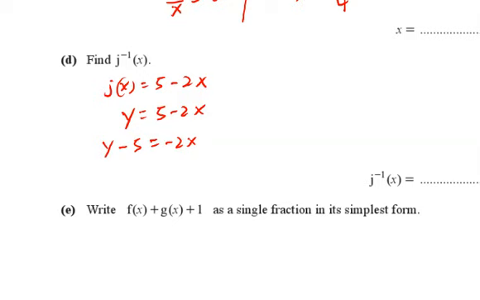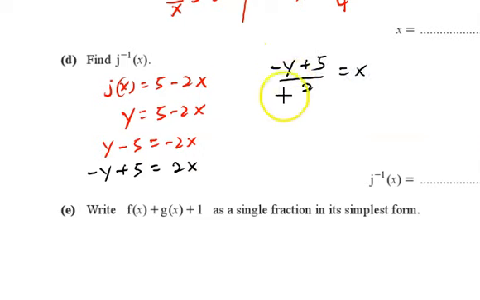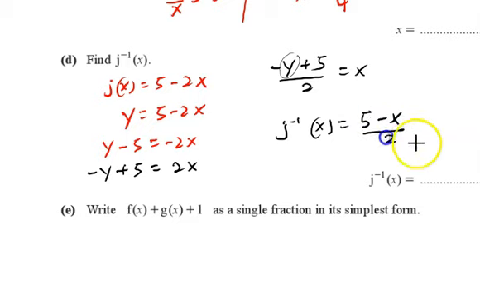So this one we multiply with negative to make it positive. The 2 will move there, so it becomes over 2. Then the whole thing we change the y into x. So we have here 5 minus x over 2. Okay, that's your answer here.